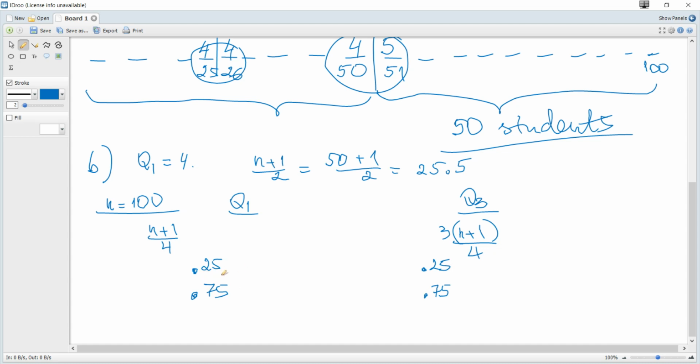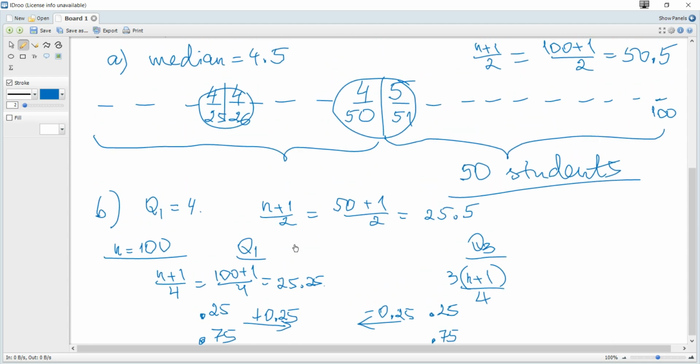So if we get 0.25 or 0.75, we should round: for Q1 we add 0.25 and for Q3 we subtract 0.25 to get a whole number or 0.5 for the position at which Q1 or Q3 is. For example, for this problem it becomes 100 plus 1 over 4, which is 25.25, and we round by adding 0.25, which gives 25.5.